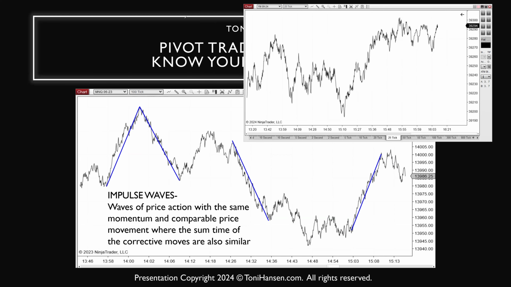So here are those two measured impulse moves, about the same momentum. And then we get a break in that channel. Then we get two smaller impulse moves. What's happening here is it's basically creating a secondary channel. And the more tilted that secondary channel is, the stronger that reversal pattern is likely to be.